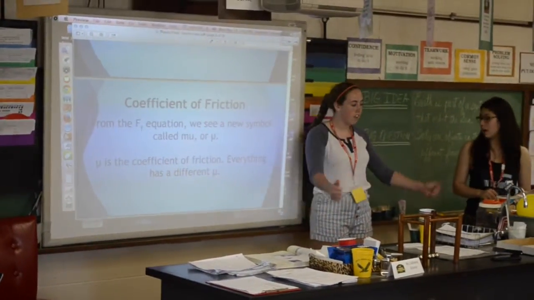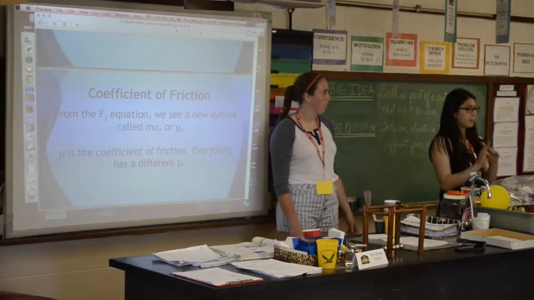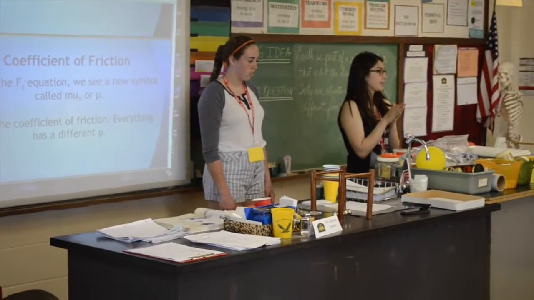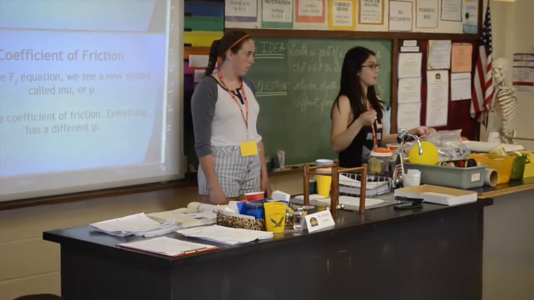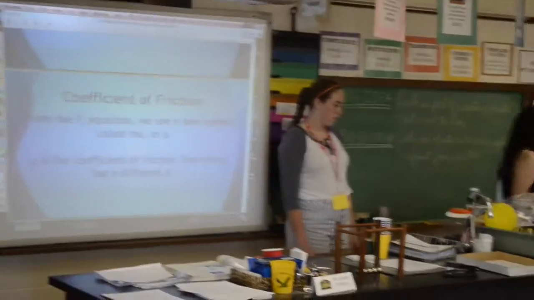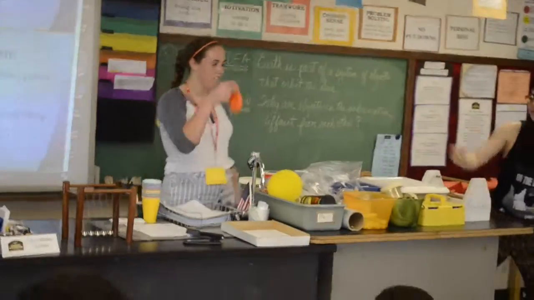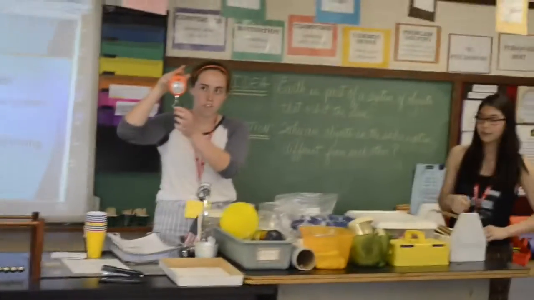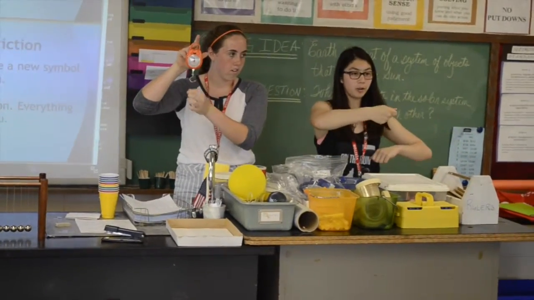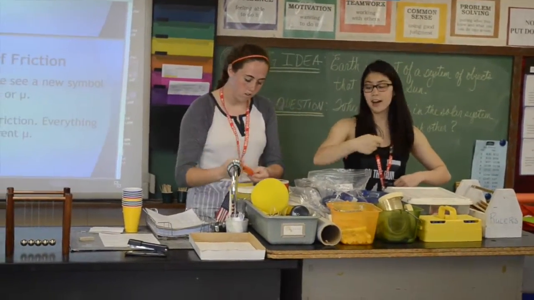So that is our lab. We will have 3 different surfaces: this desktop, some cardboard and some felt, and we're going to be pulling a wooden block using what's called a Newton meter. You're going to attach it with a hook on your block and pull it at a constant velocity.